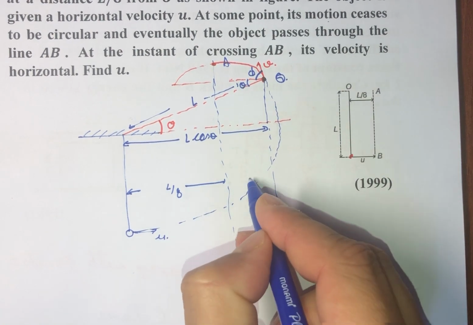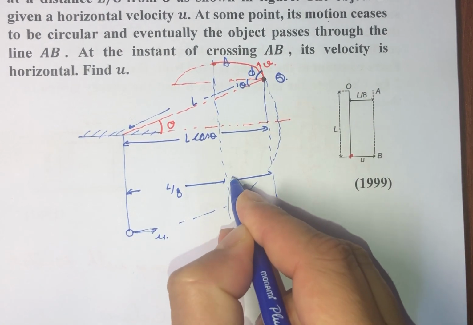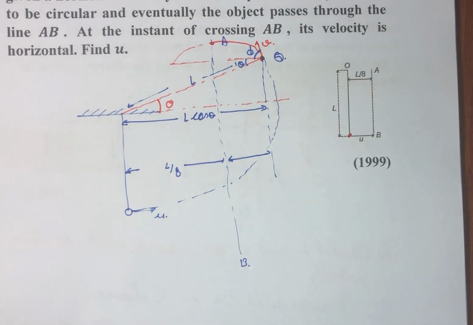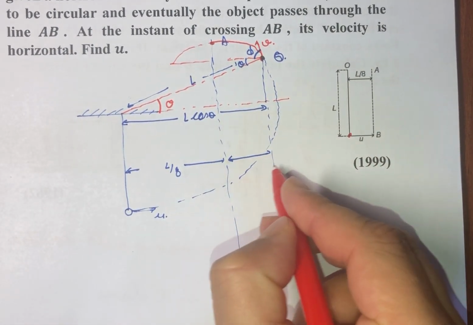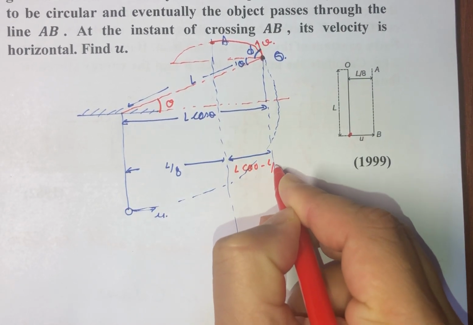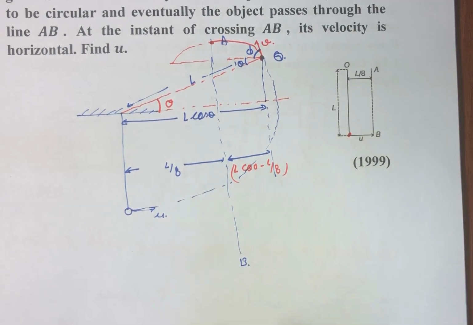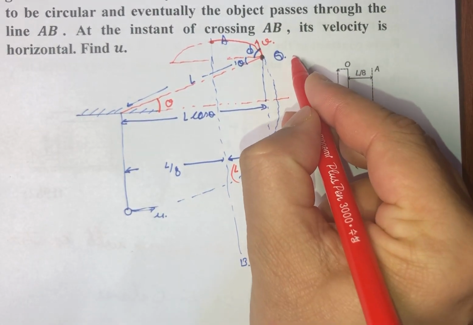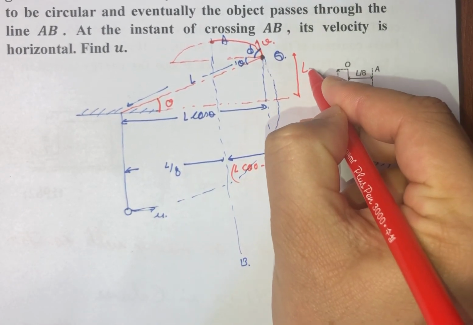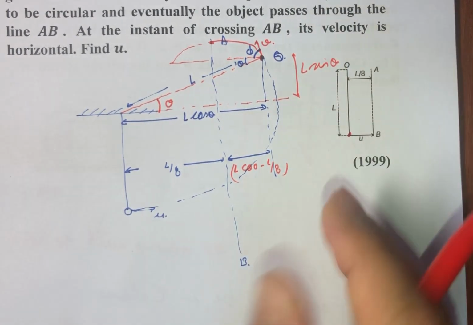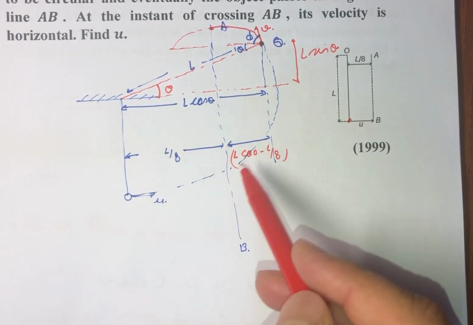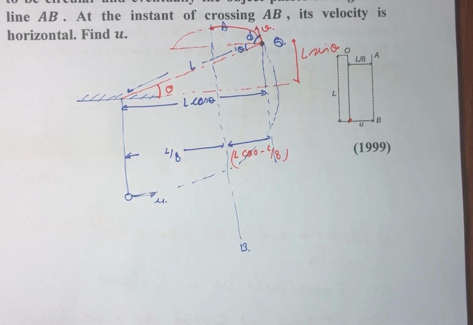So we can say that this length will be equal to L cos theta minus L by 8. Also we can say this length will be L sin theta. So these are some of the things which we are going to write initially.